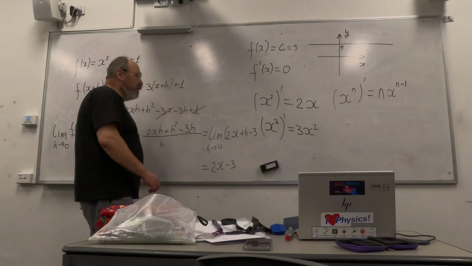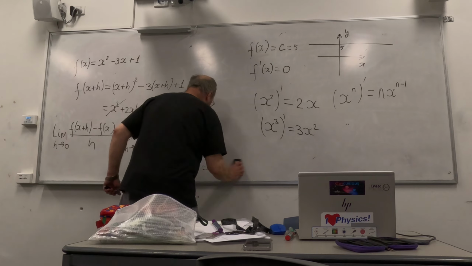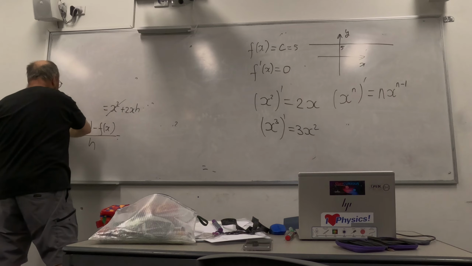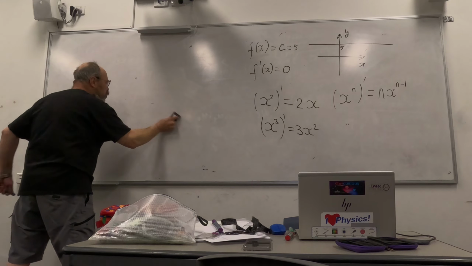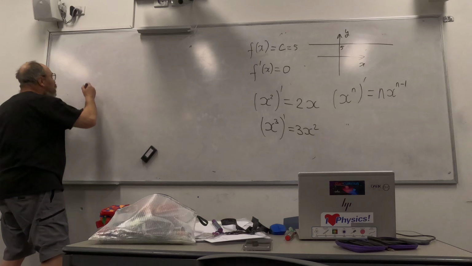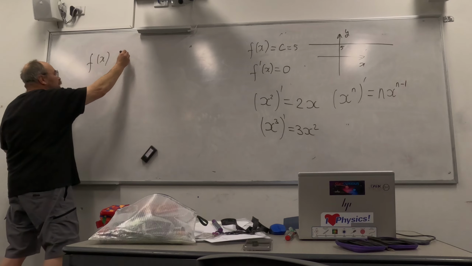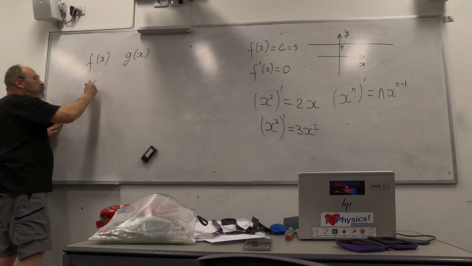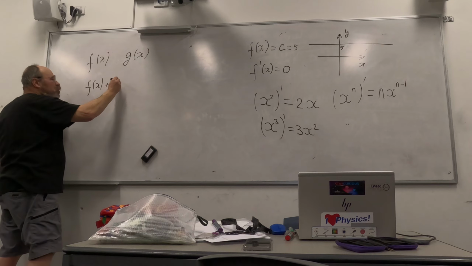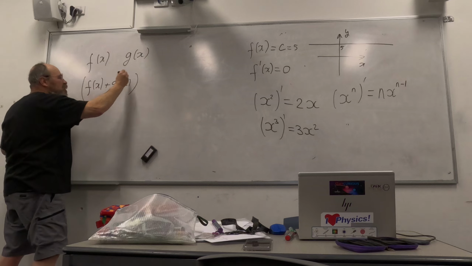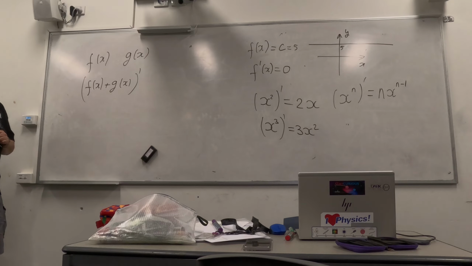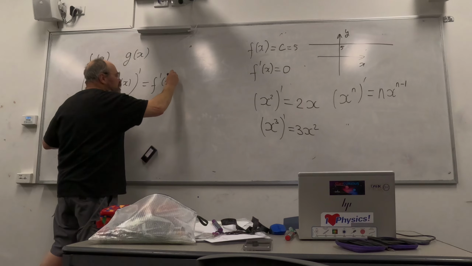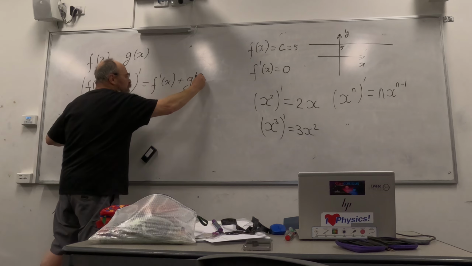Another important property of derivatives: if we have two functions, f of x and g of x, then the derivative of f of x plus g of x, which we put in brackets with a dash, will be equal to just f dash of x plus g dash of x.